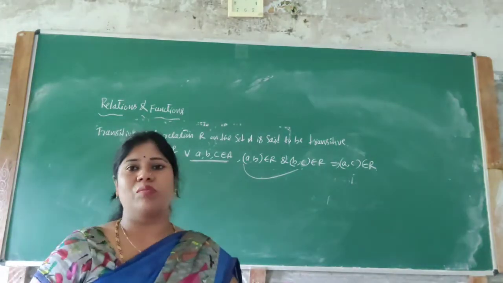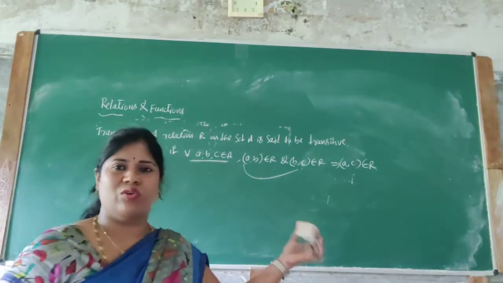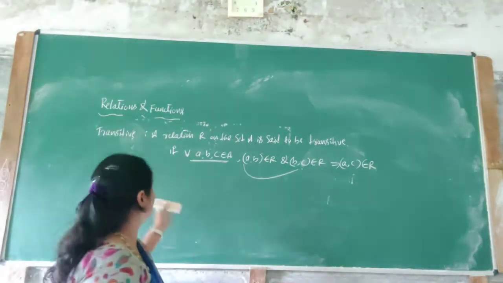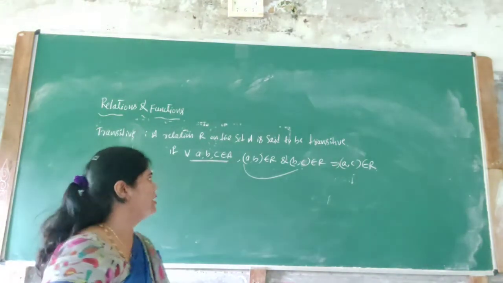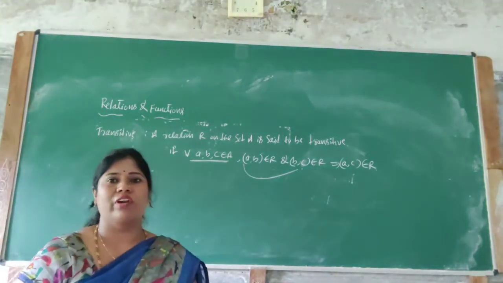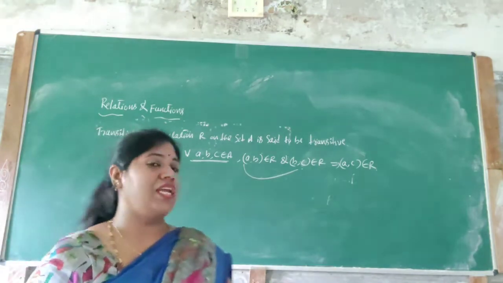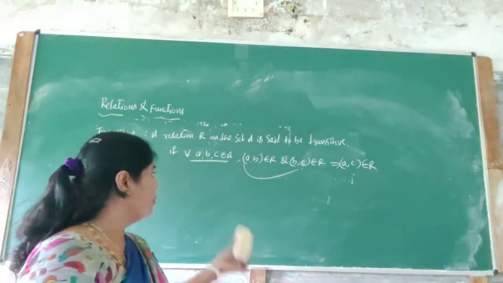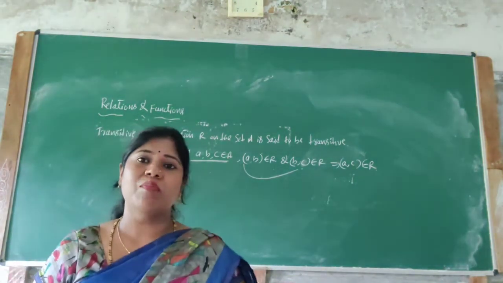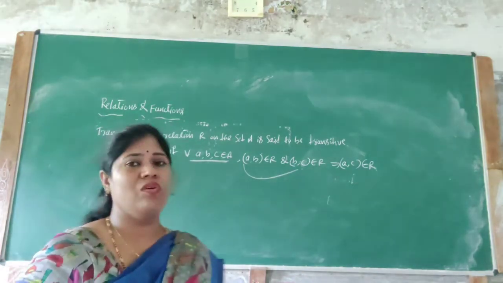It is coming for 3 marks, and in this chapter this is the basic. So a relation R on the set A is said to be transitive if for all a, b, c belongs to A, (a, b) belongs to R, (b, c) belongs to R implies (a, c) belongs to R.